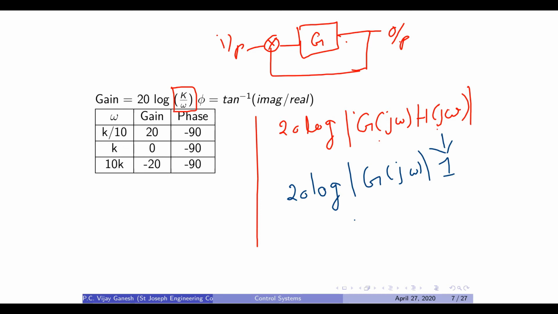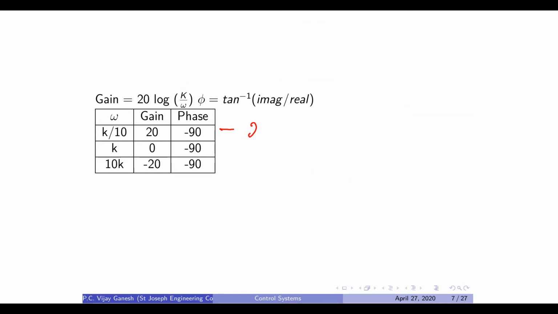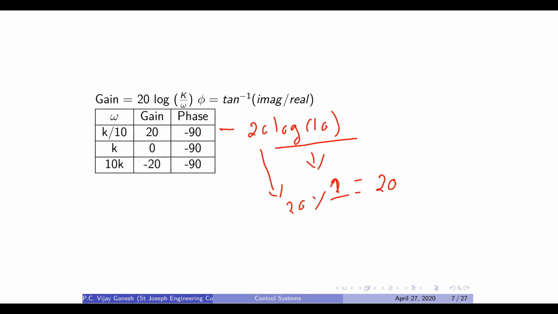The log of 10 value is 1, so 20 log 10 will be equal to 20. That's the value we have.